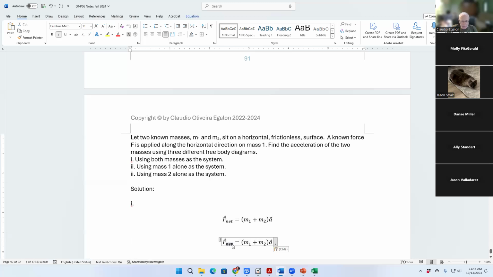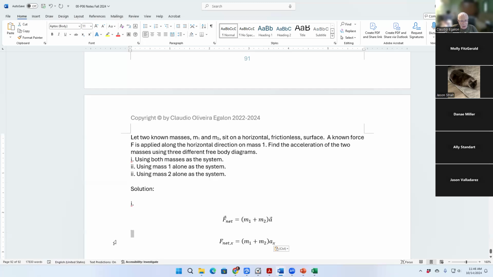And net force along the horizontal direction, I don't need to put the vector symbol anymore, equals M1 plus M2 times a sub x. I want to find this acceleration here.